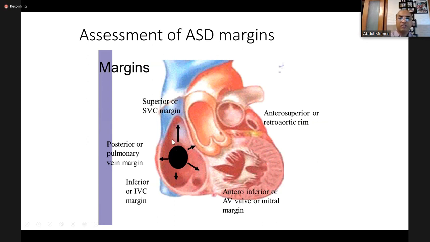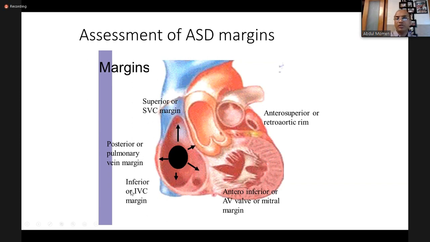So there are different margins and the terminology may differ. The SVC rim may be termed the superior rim. The IVC rim may be termed the inferior rim. The posterior rim is the pulmonary vein margin, and sometimes the posterior rim is divided into posterior superior and posterior inferior rim. The anterior inferior rim is the mitral rim or heart valve margin.